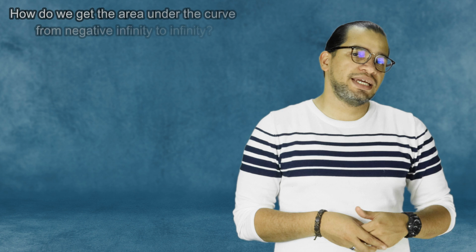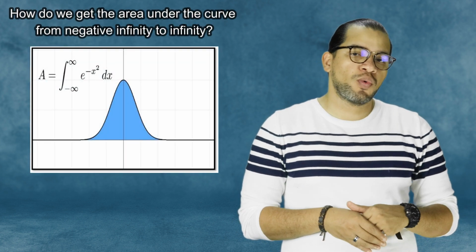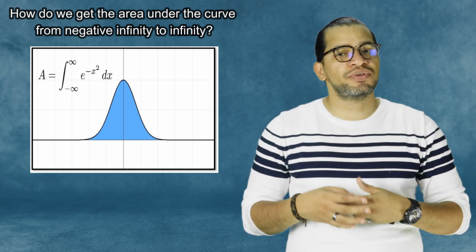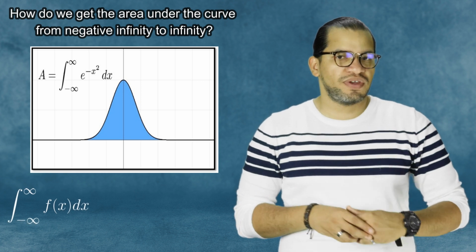Now, the last case involving improper integrals is the case in which we want to compute the area under a curve of a function f of x from minus infinity to infinity.